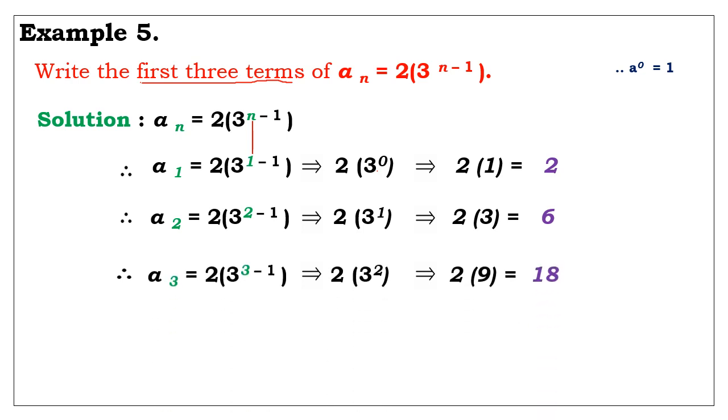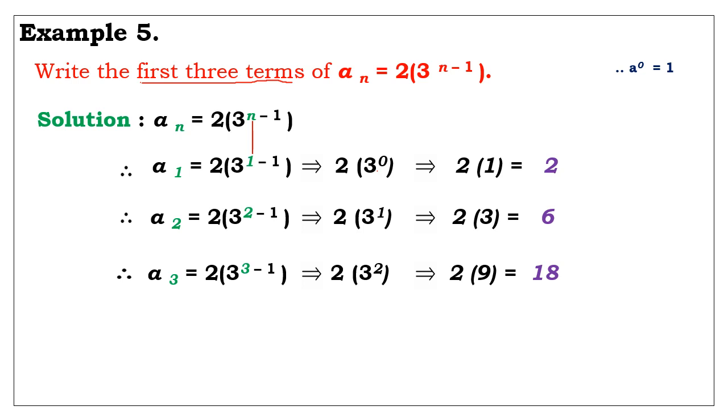In the third step, apply n value is 3. Therefore a3 equals 2 of 3 to the power 3 minus 1. Here how does it come 3? In step 3, we applied n value is 3. Remember. Now therefore 2 of 3 square, that means 3 minus 1 in the power gives 2.